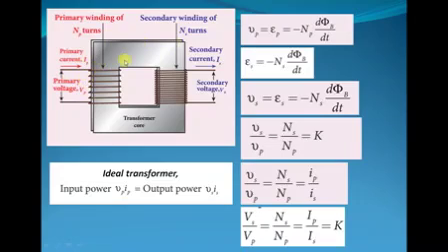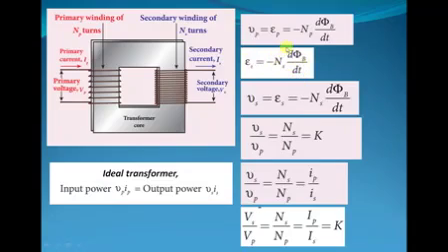Therefore the induced EMF in the secondary coil also has the same frequency as the applied voltage. So the EMF induced in the secondary coil, epsilon S, is equal to minus Ns d phi B divided by dt.